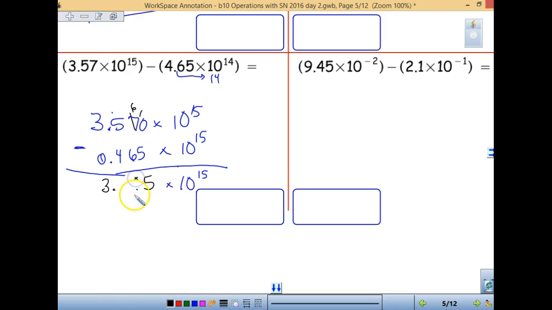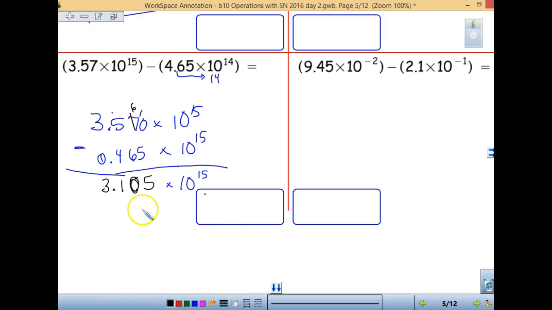No, it's 1. It's 1. 3.105. Okay, so 3.57 minus 0.465, 3.105 times 10 to the 15, okay?